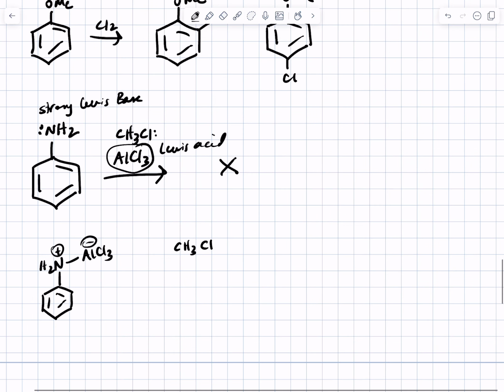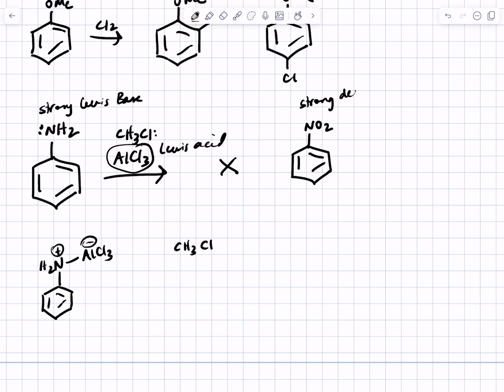The other potential problem with Friedel-Crafts reactions is they don't work well if you have strongly deactivating resonance electron withdrawing groups. So we'll just call those strong resonance electron withdrawing groups. If you try to do either a Friedel-Crafts alkylation or acylation on something like that, nothing happens.